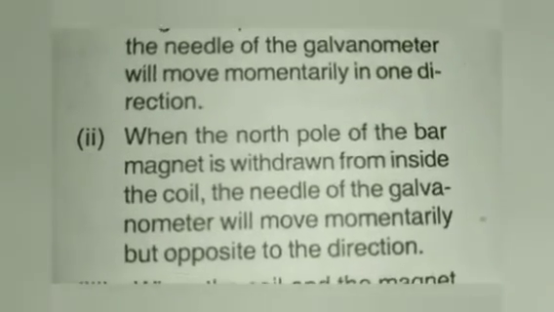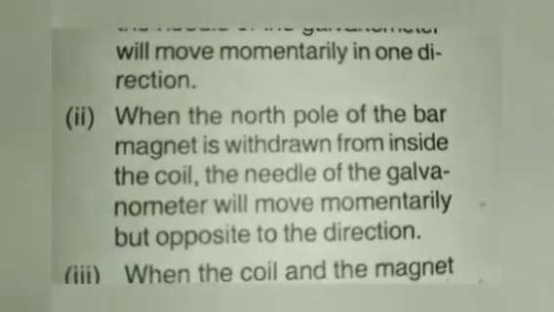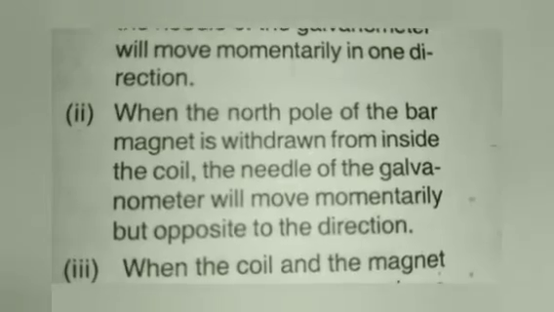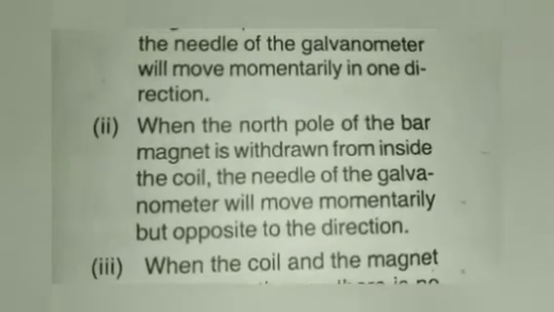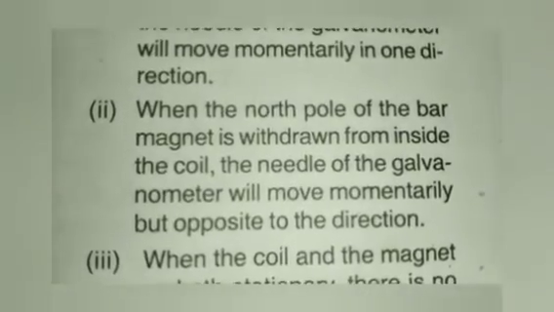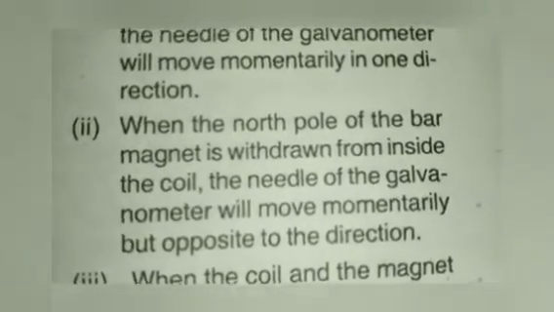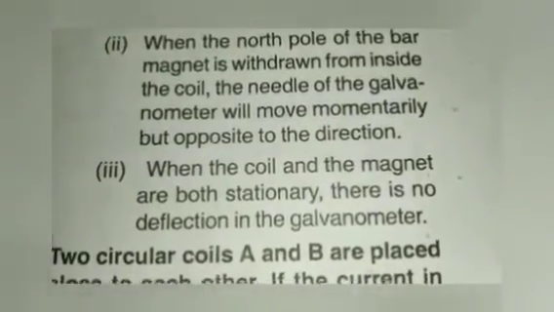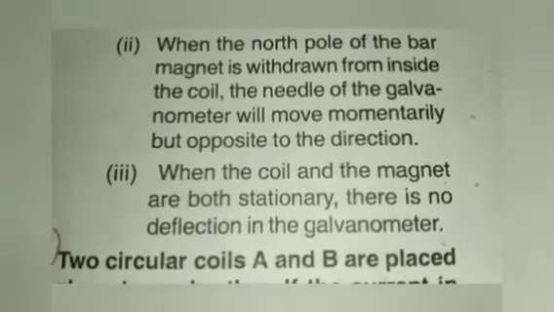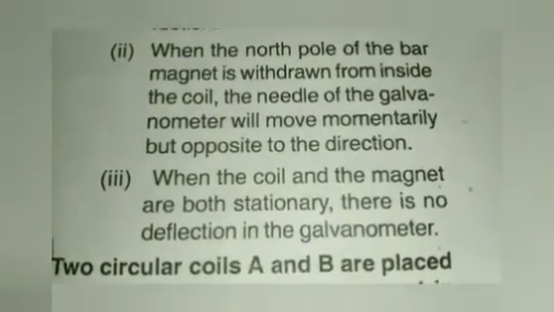Second, when the north pole of the bar magnet is withdrawn from inside the coil, the needle of the galvanometer will move momentarily in the opposite direction. Third, when the coil and the magnet are both stationary, there is no deflection in the galvanometer.